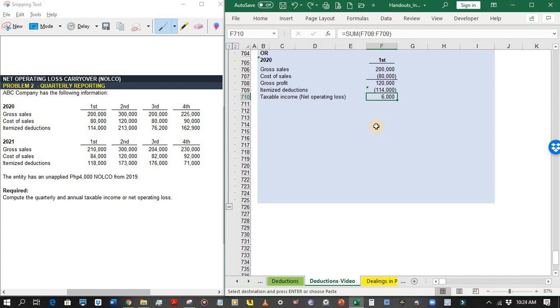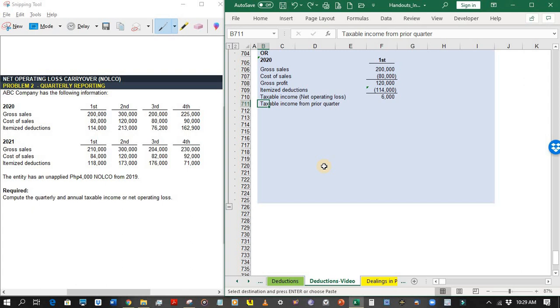So the first procedure is to compute the taxable income or the net operating loss for that quarter. Again, it is non-cumulative. But still, regardless of the format, it should always be on a cumulative basis. So what we will do is add the prior quarter taxable income. This only applies for the second, third, and fourth quarters.